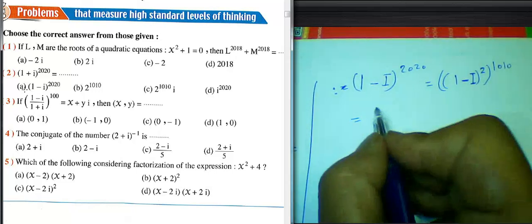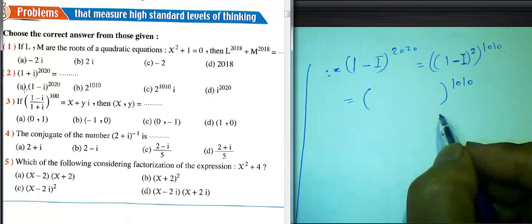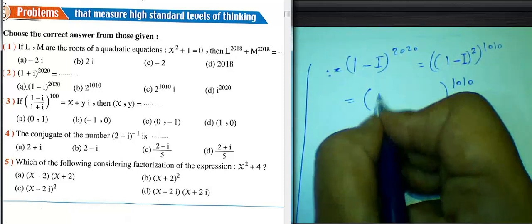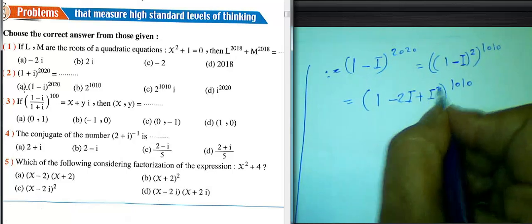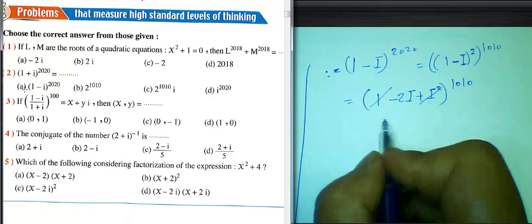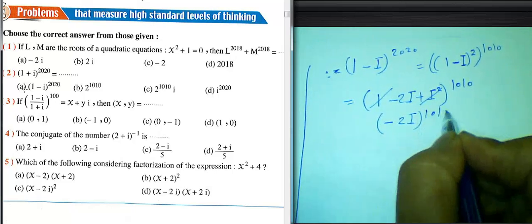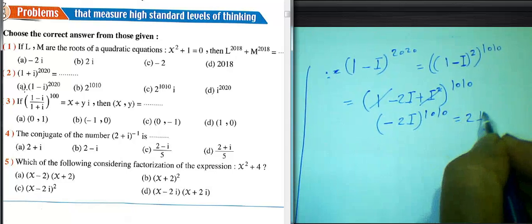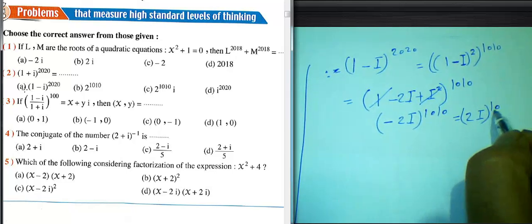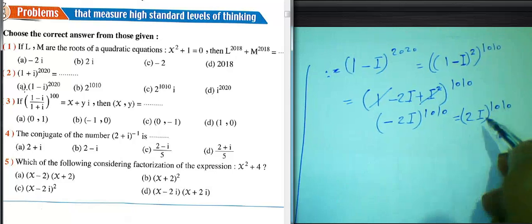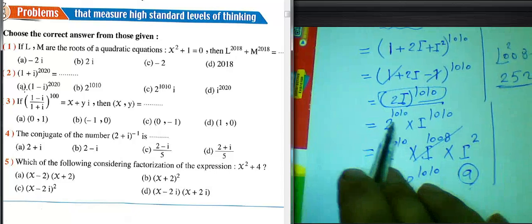I will solve it again to answer. Pay attention with me. 1 power 2 equal 1, negative 2i plus i power 2. i power 2 cancels with the 1. The result will be negative 2i to power 1010, that is, 2i all in parentheses to power 1010.